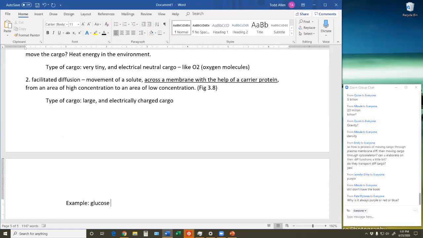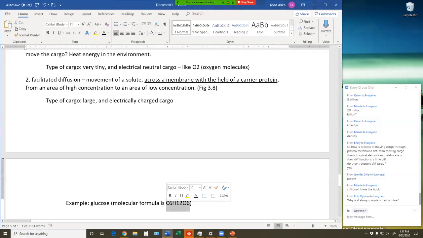If you remember, the molecular formula of glucose is C6H12O6, right? So glucose has 24 atoms, right? 12 and 6 is 18, 18 and 6 is 24.